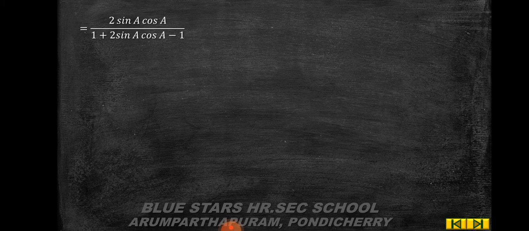So plus 1 minus 1 gets cancelled, which is equal to 2 sin A cos A by 2 sin A cos A. So 2 sin A cos A, 2 sin A cos A gets cancelled. You get the value as 1. That is your right hand side. Hence we proved.